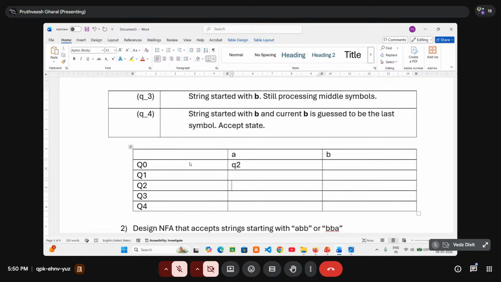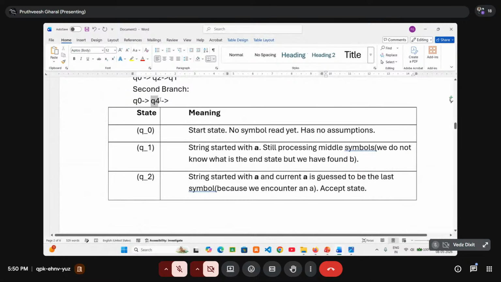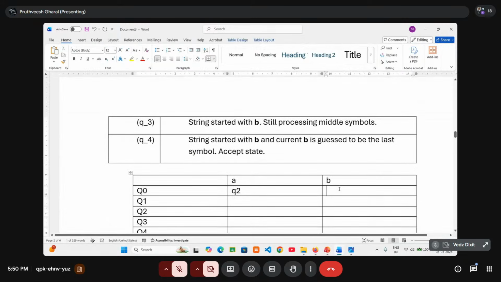Because in Q2 we are assuming that the next symbol the machine is going to receive is going to be the final string symbol. The input it is going to receive is going to be A. So we start here, and if we receive a B, we tell the machine to go to Q4.